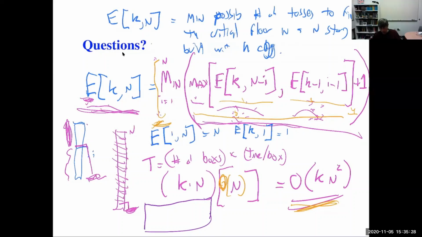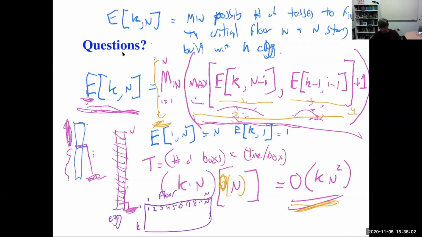So my egg side is going to go from 1 to k. My floor side is going to go from 1 to n. When I've got one egg and a floor with n things, this is going to be 1, 2, 3, 4, 5, 6, 7, 8, 9, up to n, right?